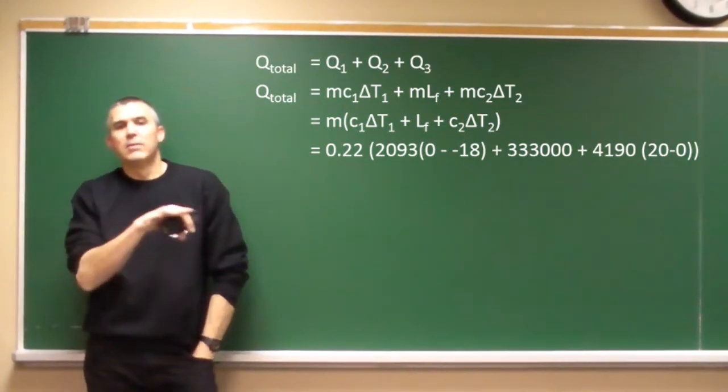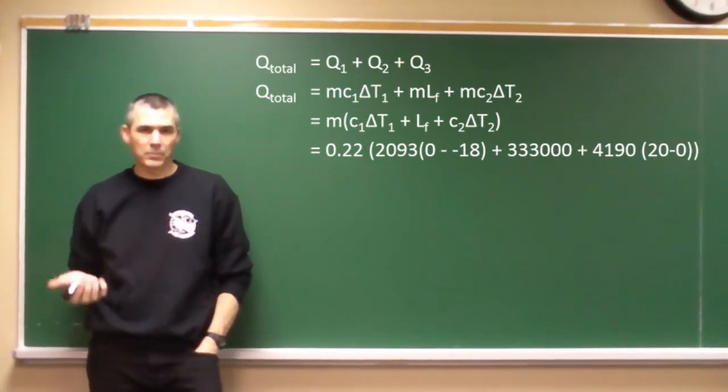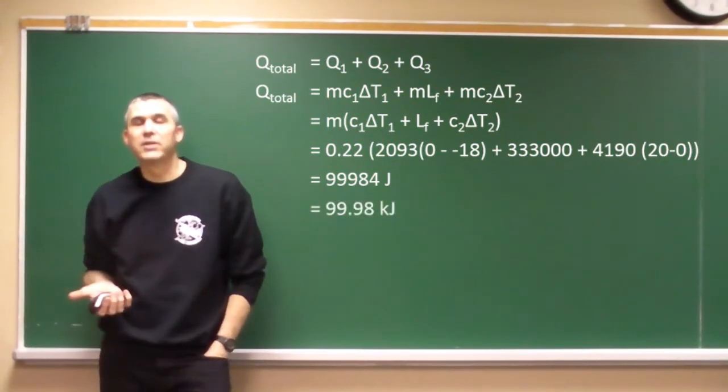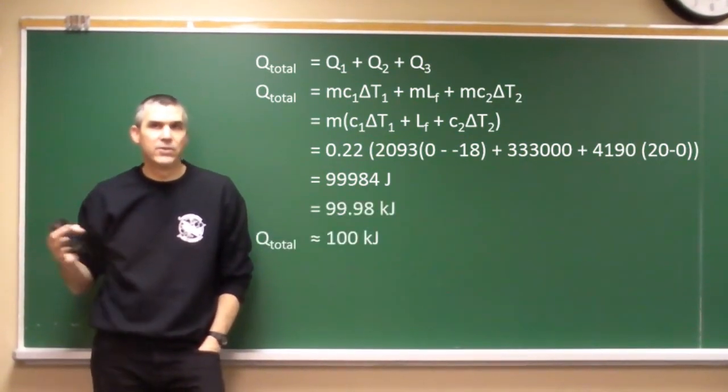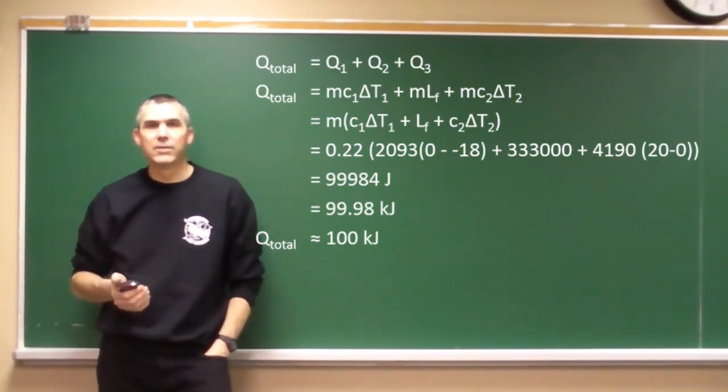Okay, so remember that's all multiplied by the mass of our sample. So it's again, it's a pretty big number. Basically 100 kilojoules of energy just to take that ice cube, 220 gram ice cube, and melt it.